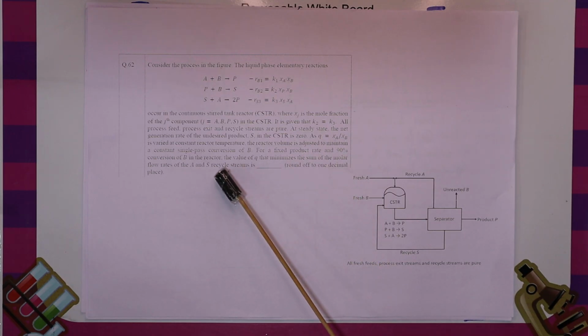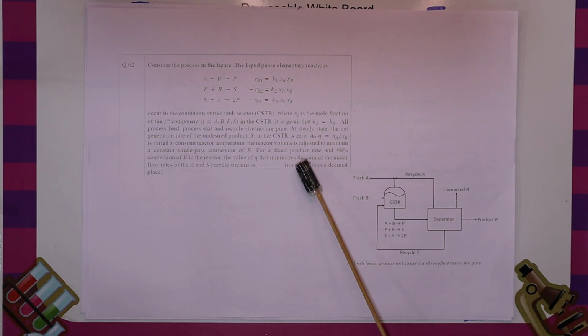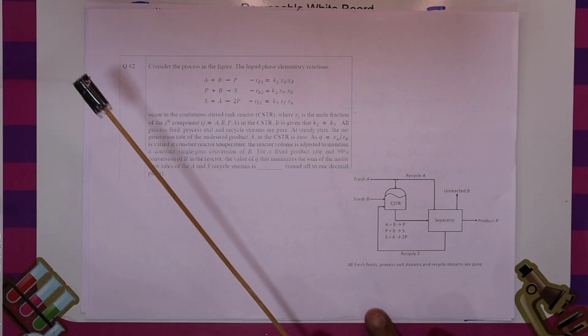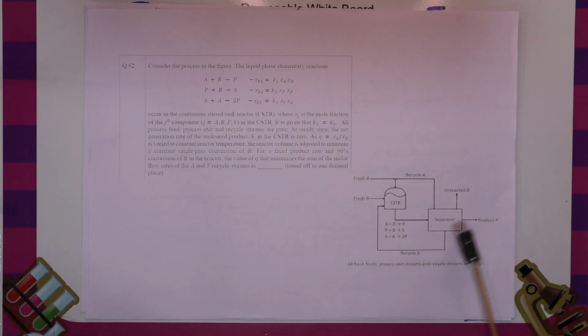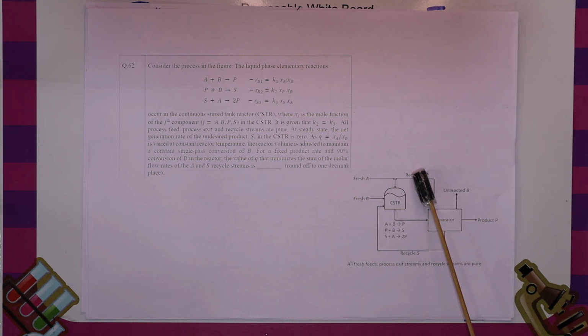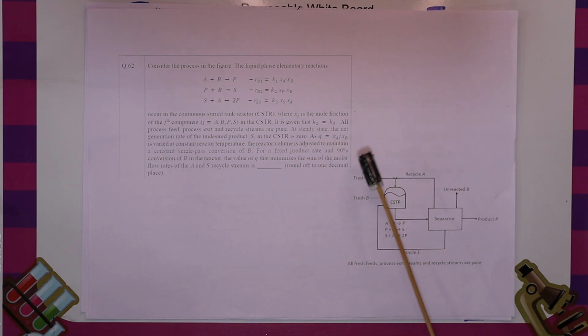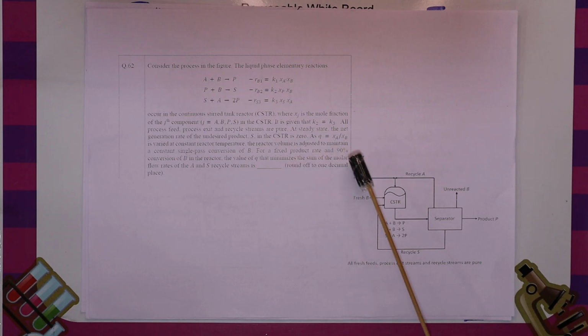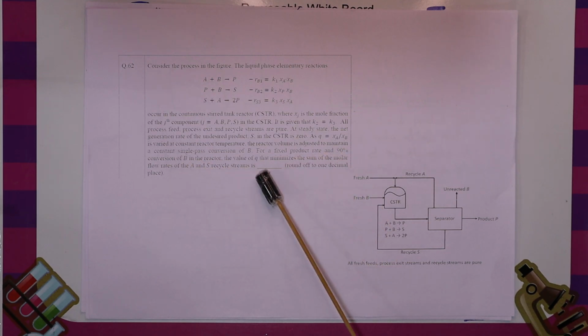What happens? A Q that minimizes some of the flow rates of A and the recycle streams. That means for a fixed product rate, the product is coming here. For a fixed product rate, they have somehow optimized the recycle A and recycle S. That is what is given. For a fixed product rate, that is the product which is coming out, and 90%, that means they are targeting the 90%, and the value of Q that minimizes some of the molar flow rates of A and S in the recycle stream.